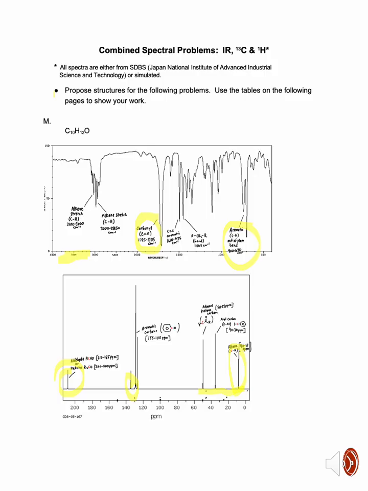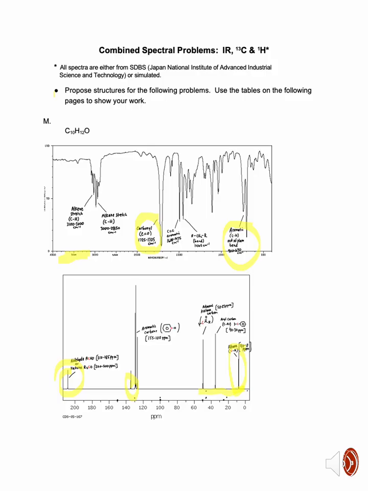Aldehydes exhibit characteristic absorptions between the 2700 to 2800 range. However, this range tends to overlap with sp3 and sp2 CH bonds, making it difficult to distinguish using IR. Nonetheless, the strong carbonyl peak that we see here between the 1650 to the 1800 range, right about over here, validates that this proposed structure is an aldehyde or ketone.